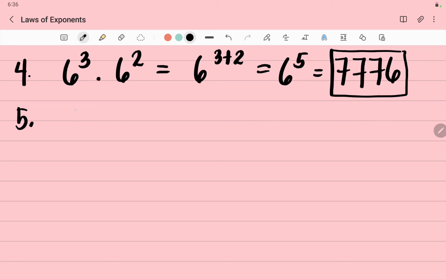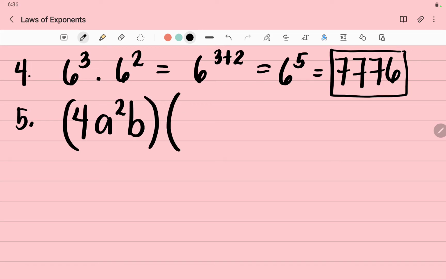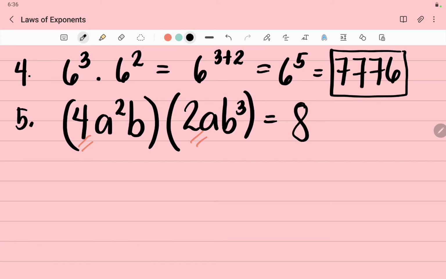Okay, number 5. What if we have 4a squared b times the quantity 2ab cubed? So, first multiply 4 times 2. So, we have now 8.